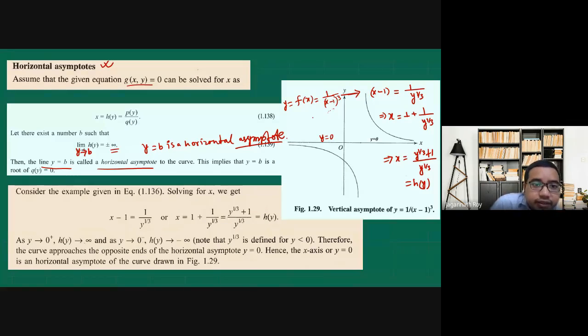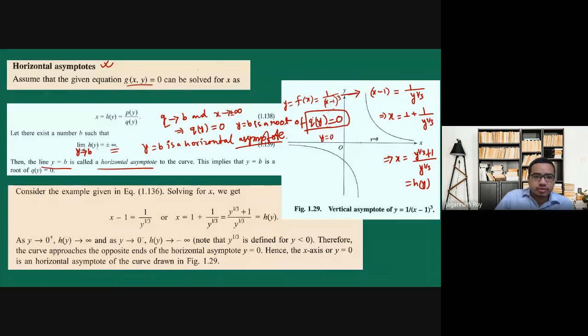And note that if q goes to b, and x goes to plus or minus infinity, it means that q of y is 0. That means y equals b is a root of the given q of y equals 0.